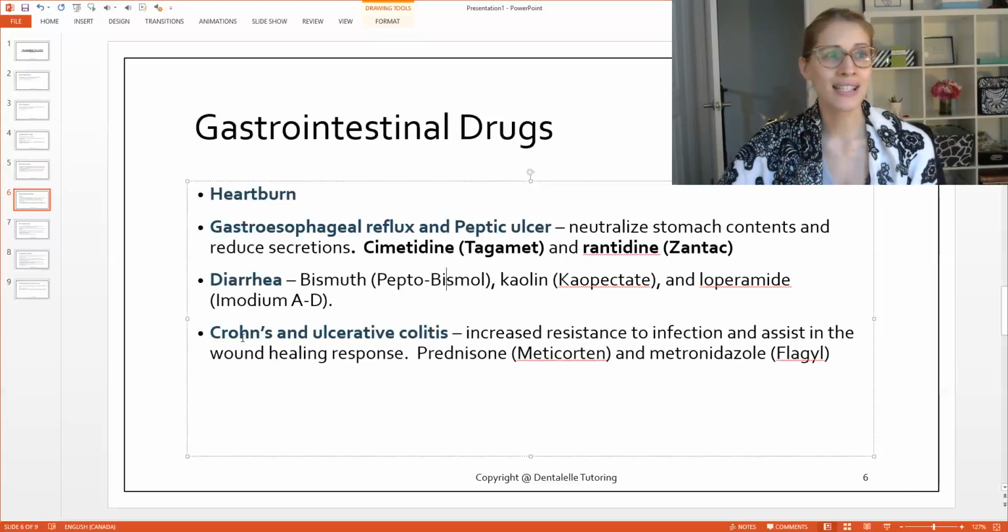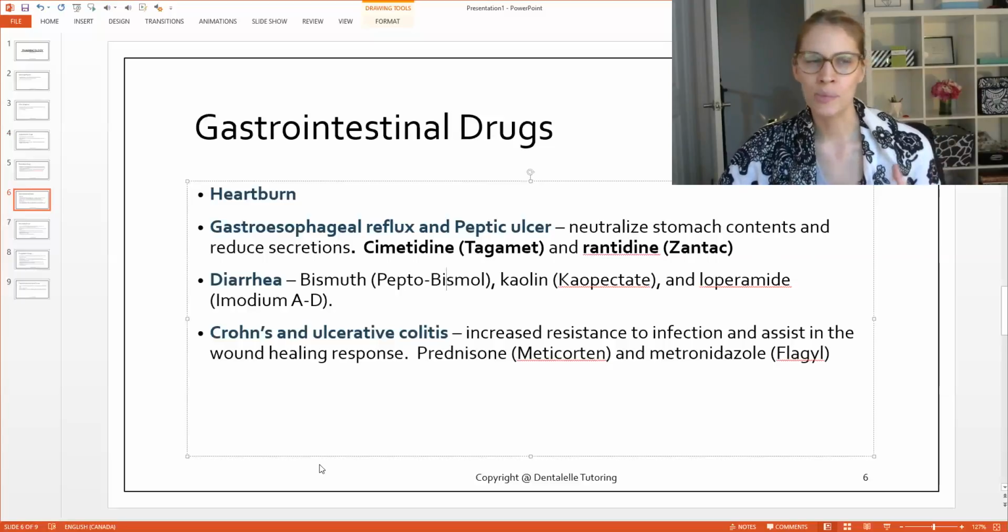So the next one is, of course, Crohn's and ulcerative colitis. So this helps to increase resistance to infection and to assist in the wound healing. So they say people with Crohn's and ulcerative colitis are the ones who can't eat certain foods. Their stomach lining isn't as healthy as it should be.